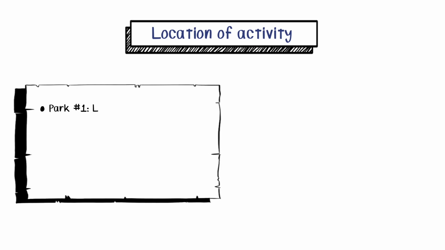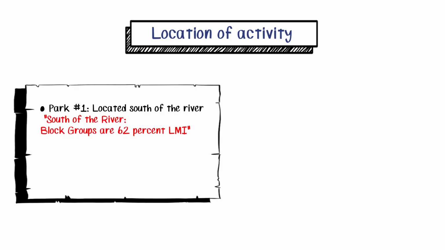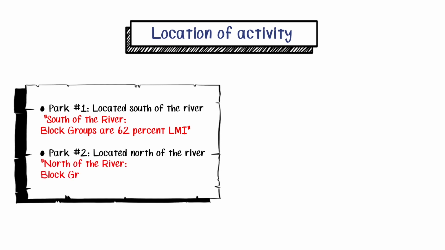Park number 1 is located south of the river in a block group that is not primarily low and moderate income, but on the side of the river where all the block groups, when taken together, are 62% low and moderate income. Park number 2 is located north of the river in a block group that is primarily low and moderate income, but on the side of the river where all the block groups, when taken together, are only 40% low and moderate income.